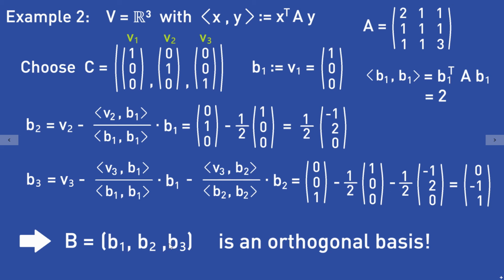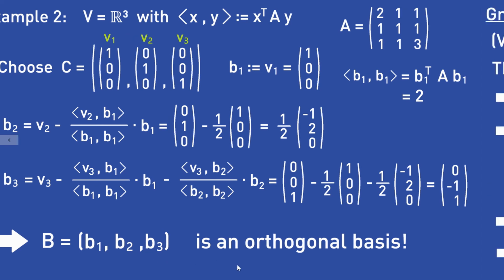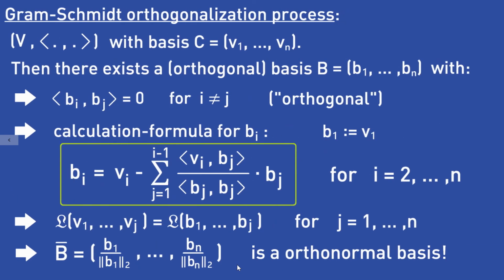You can try this out yourself as an exercise. Okay, I hope you now understand how to use the Gram-Schmidt orthogonalization process on a given basis C to find an orthogonal or orthonormal basis of an Euclidean vector space V.